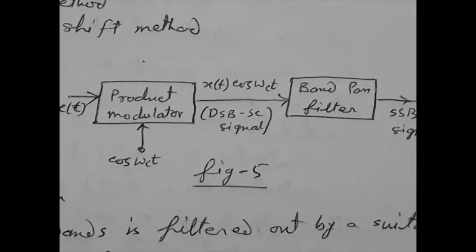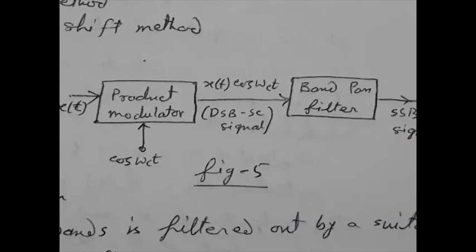Now let us try to understand the features of this particular method. Here the design of bandpass filter is quite critical, and thus puts some limitations on the modulating or baseband and the carrier frequencies. So if we count the limitations of this method, it is useful only if the baseband signal is restricted at its lower edge, due to which the USB and LSB are non-overlapping.